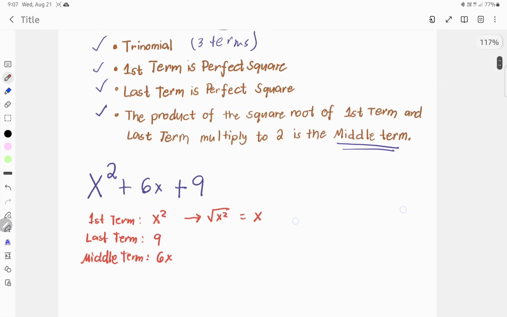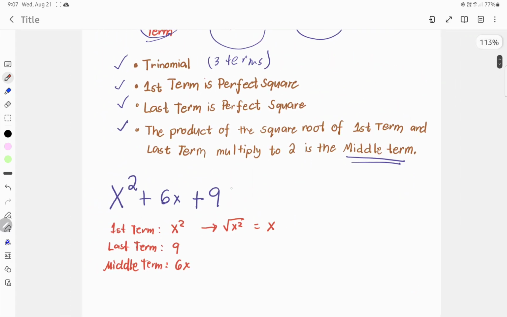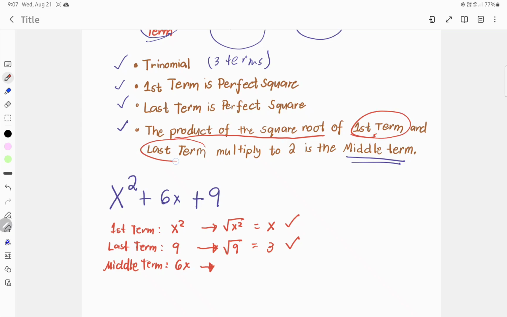So, it confirms our first characteristic, which is trinomial. Then the second one is perfect square. Next, what is the square root of 9? That would be 3. So, it's working. Now, this is the final to confirm your concept. Now, we get the product of the square root of the first term and the last term. So we have x times 3 multiplied by 2.